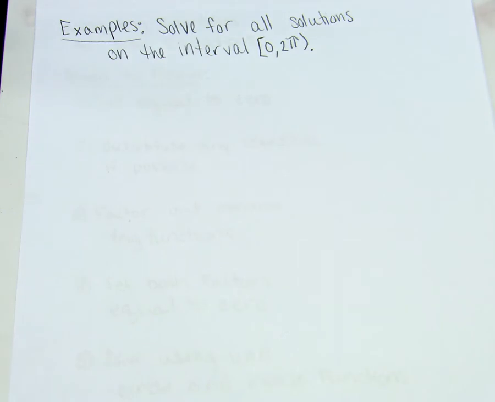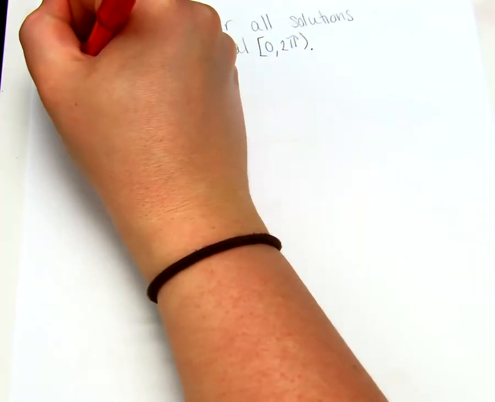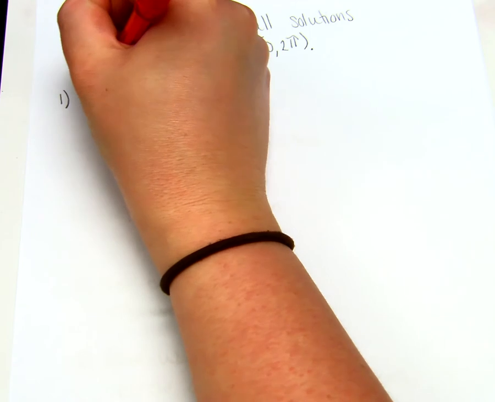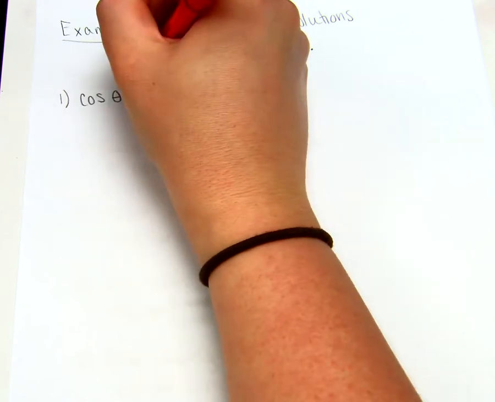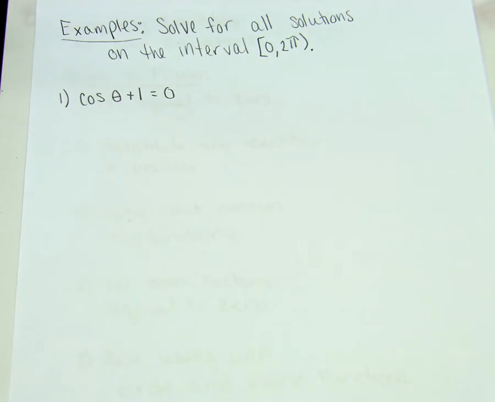So I'm going to solve all my equations on the interval 0 to 2 pi. Starting at 0 and going to 2 pi. So I have cosine theta plus 1 is equal to 0.